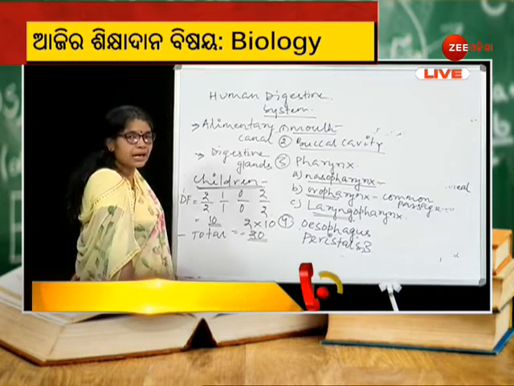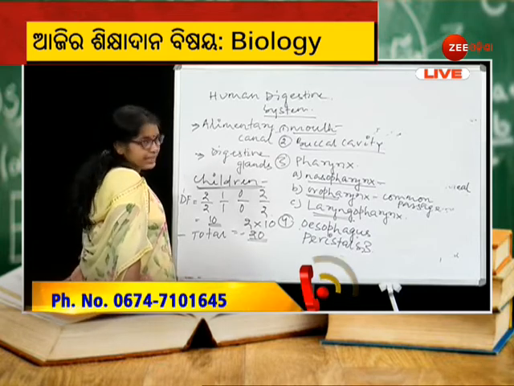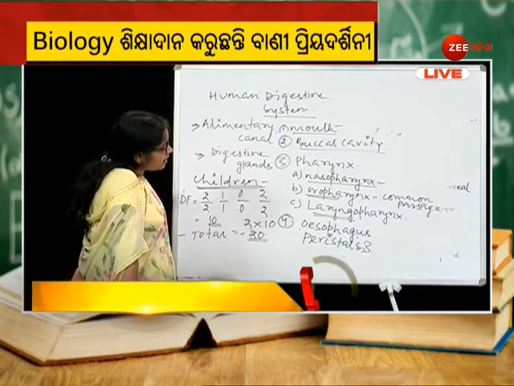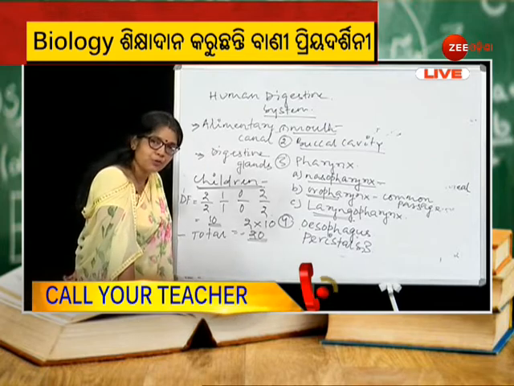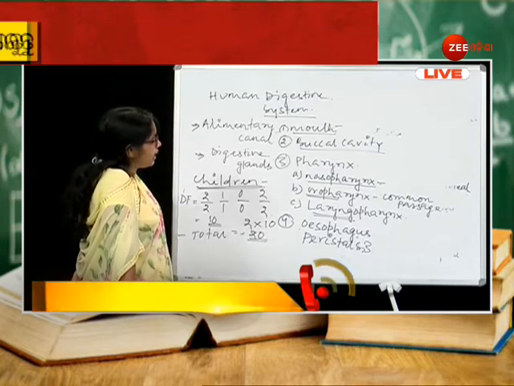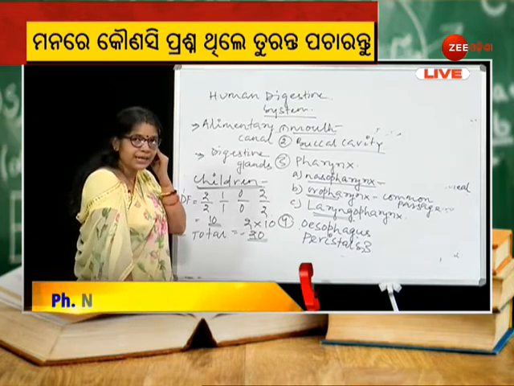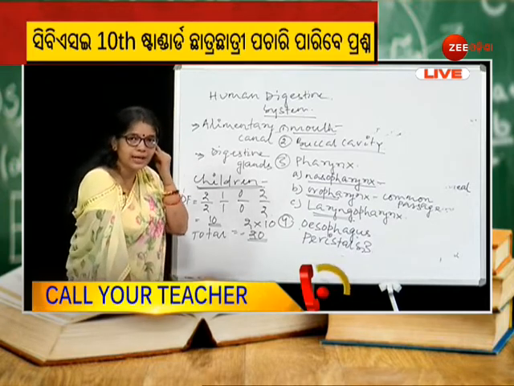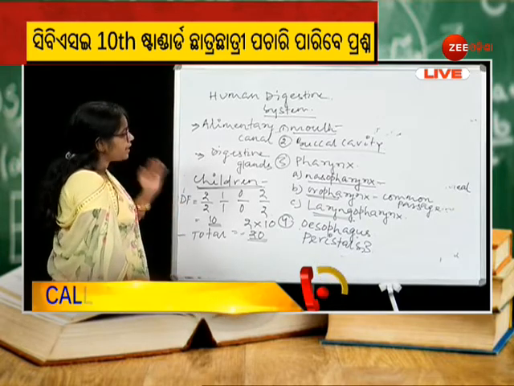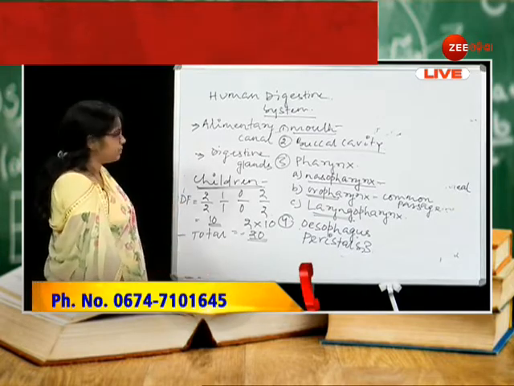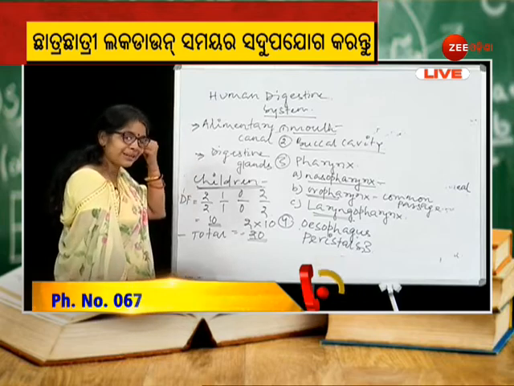Pharynx allows the food to enter the esophagus. Esophagus allows the food to enter the stomach by the peristaltic movement of the circular and longitudinal muscles. Then what about the next part of the alimentary canal?